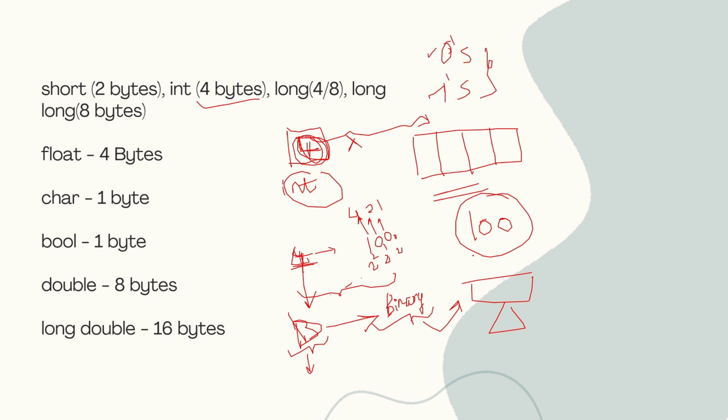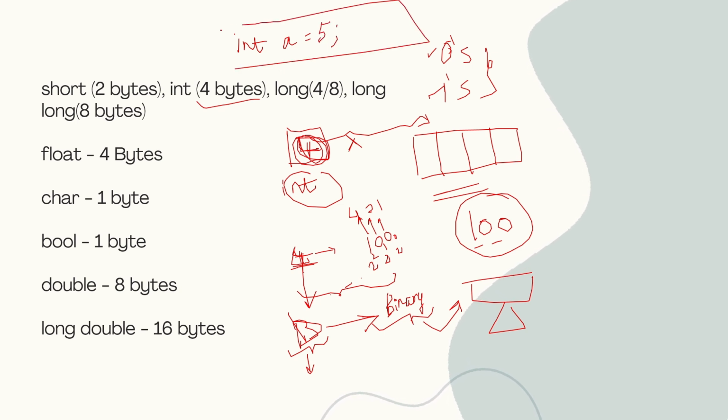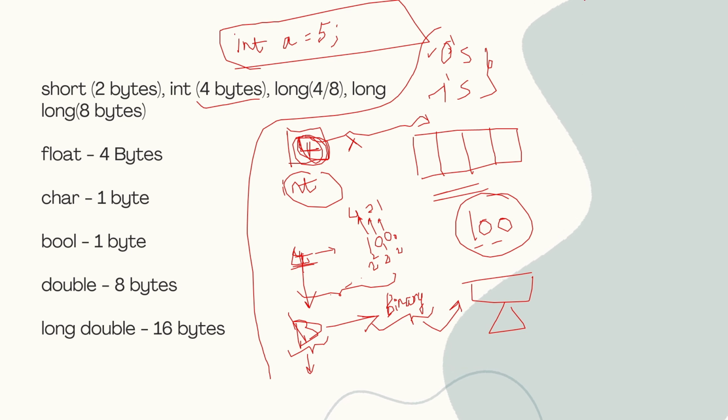So computer knows only these ones and zeros. That is the story about this. How basically when you create something like int a equal to, let's say, 5, if you write this statement, basically this thing happens, right? So it's as simple as that.